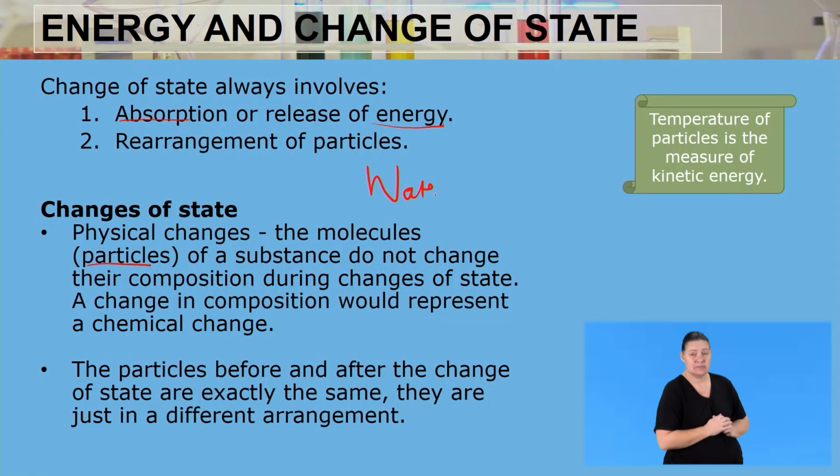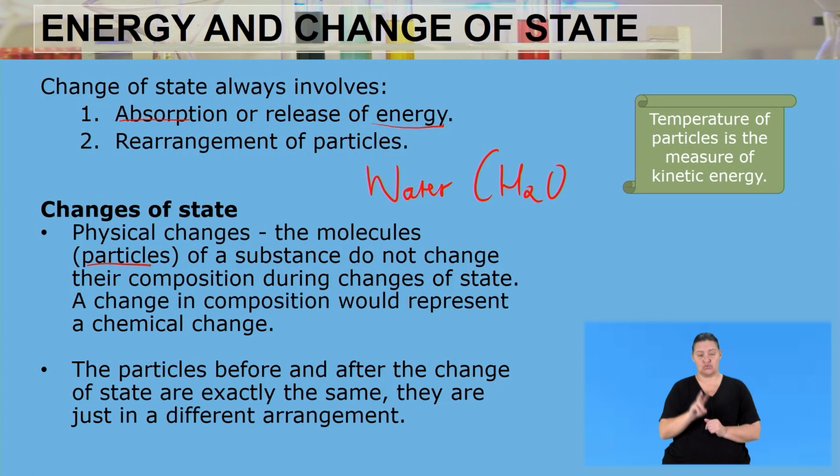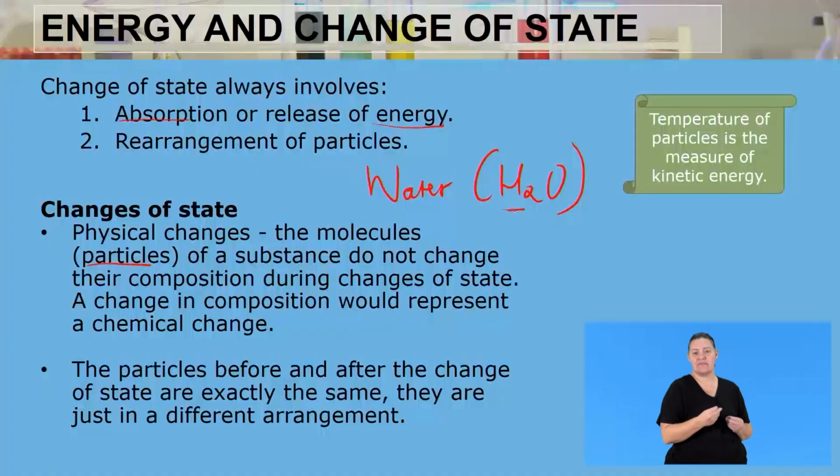By that I mean, if we were to look at water with a chemical formula of H2O, the ice that is formed from the water still has the composition of 2 hydrogens and 1 oxygen. Even in a liquid state, it's still going to be H2O. Even as water vapor, the particles are still H2O, still composed of 2 hydrogens and 1 oxygen.